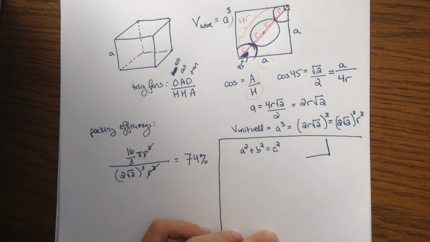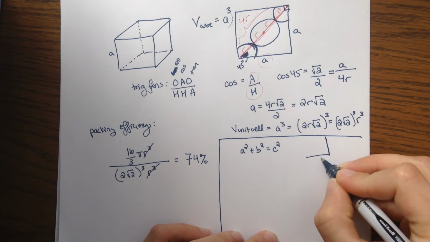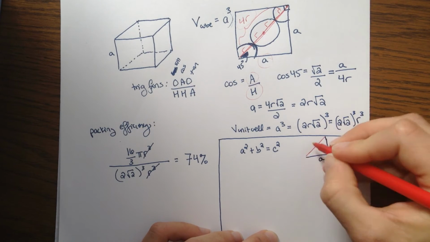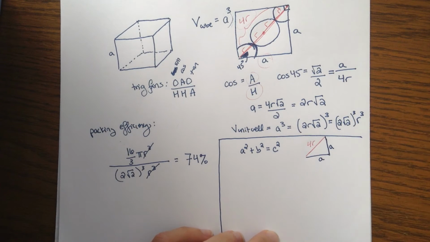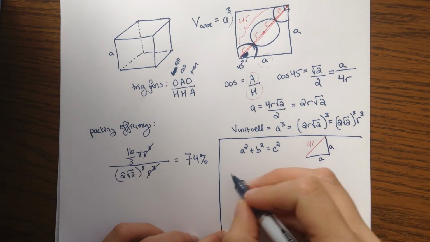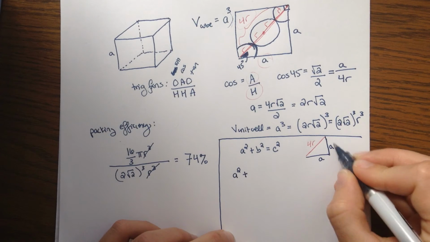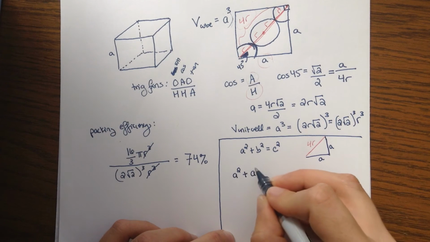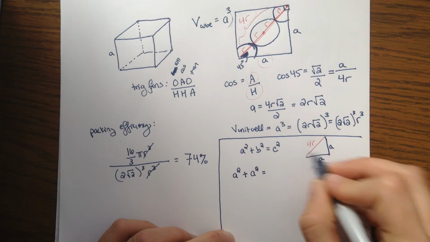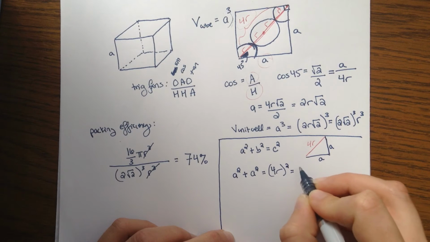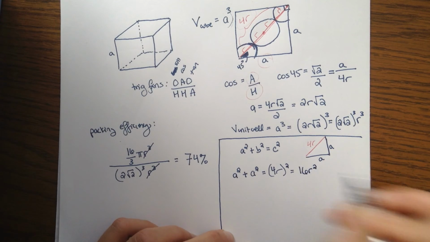Alright, so let's consider just this triangle here. Each side is a. Again, forgive me, I'm not to scale. The hypotenuse is 4r. So when we write our equation, we've got a squared, one side of the triangle, plus a squared, the other leg of the triangle, equals 4r squared, or 16r squared.